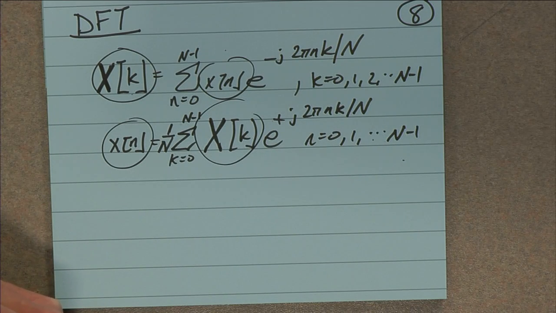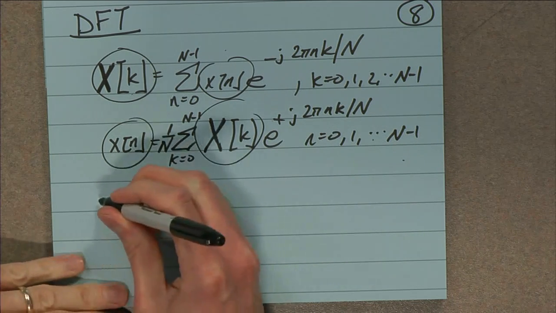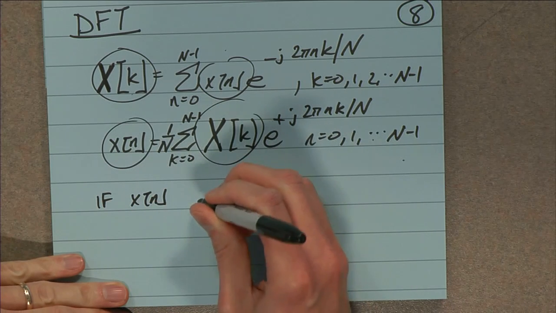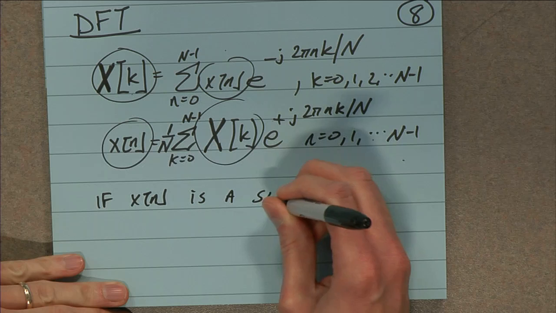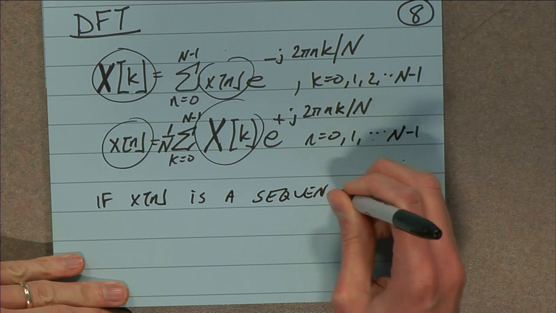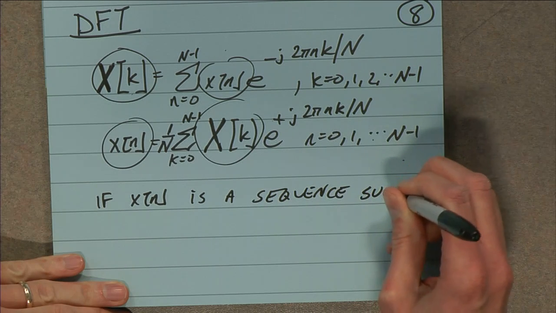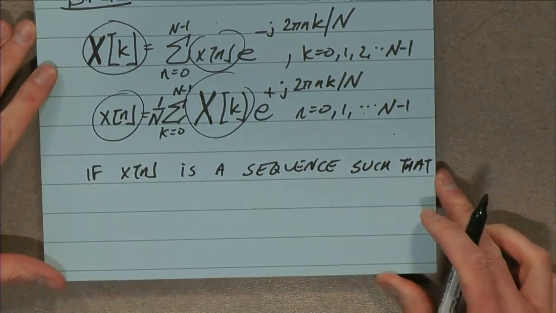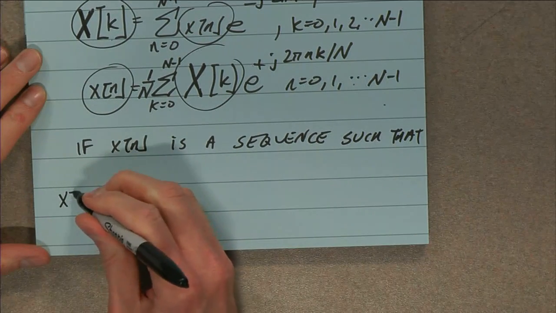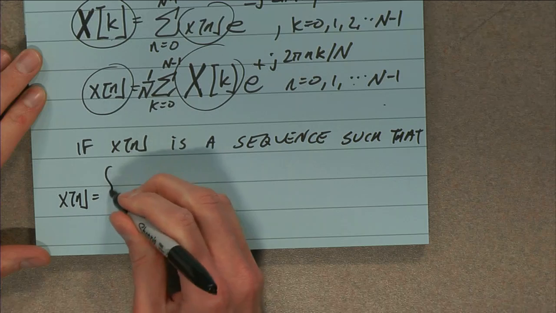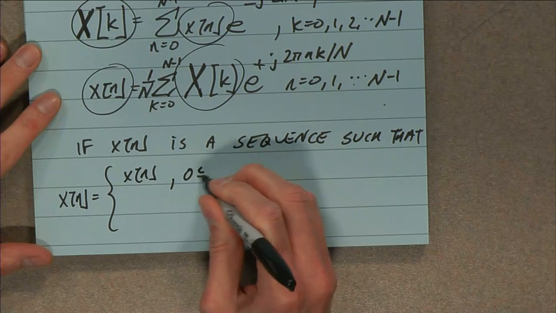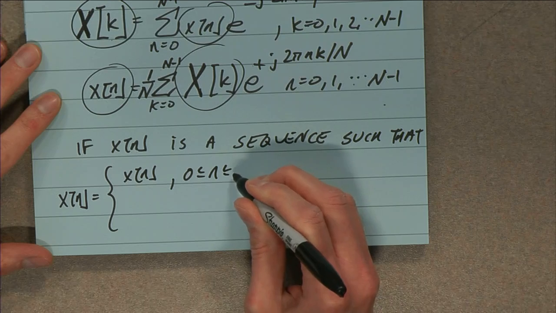So one thing you can probably notice quite right off the bat, that if x of n is a sequence such that, and this is not an extremely rare occurrence or anything, x of n, I'm just going to say x of n is x of n. A is A, right?